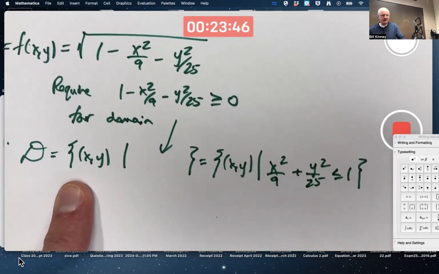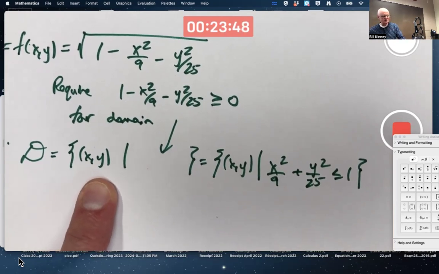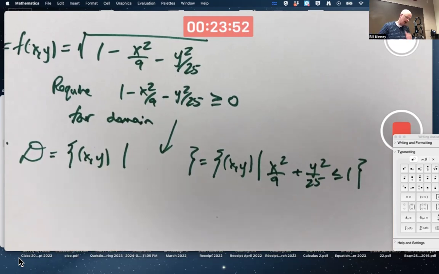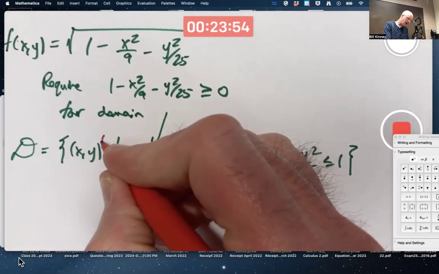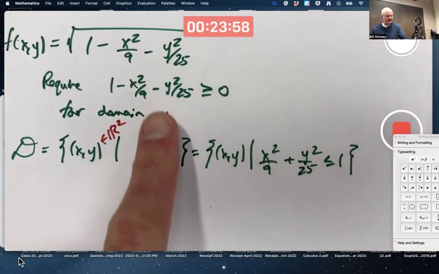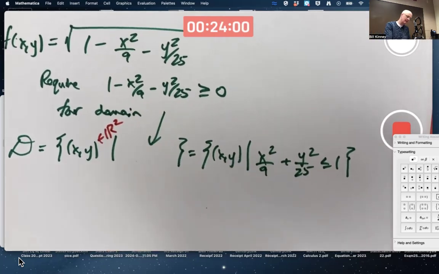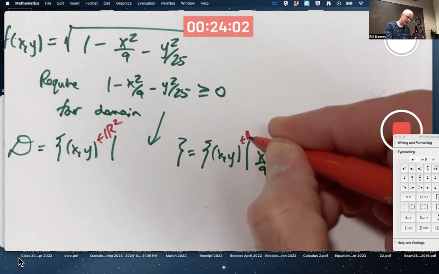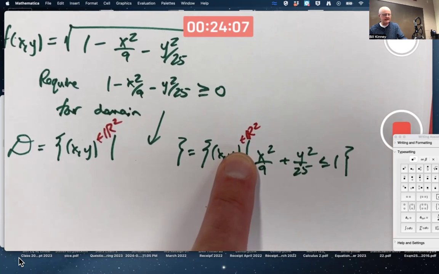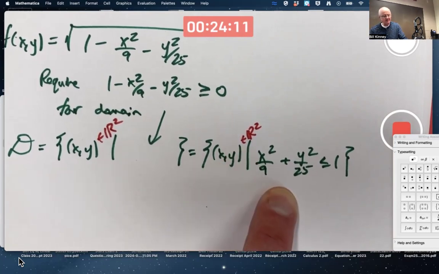You read this as the collection or set of all points x, y in the plane, which you could call R2 if you like, satisfying that inequality. Alternatively, that's the set of all points in the plane R2. This funny looking E means in, satisfying this inequality.